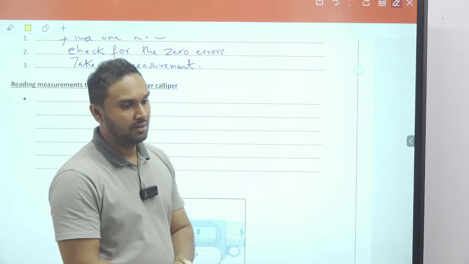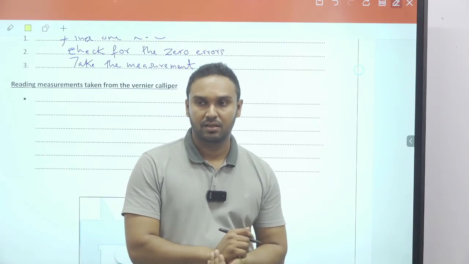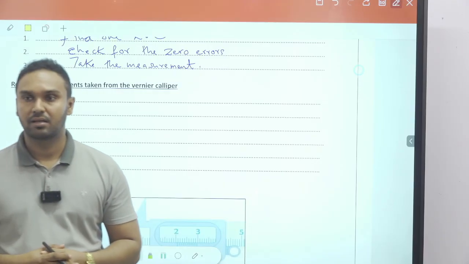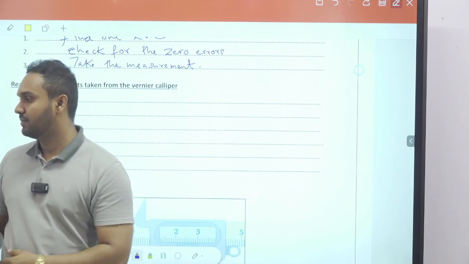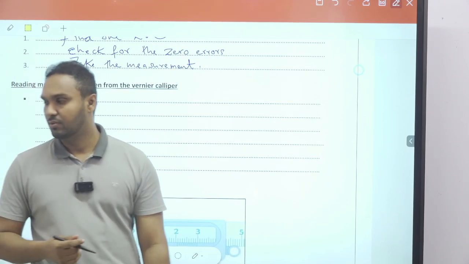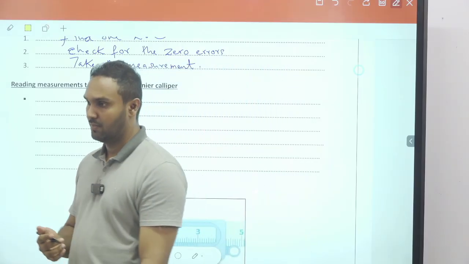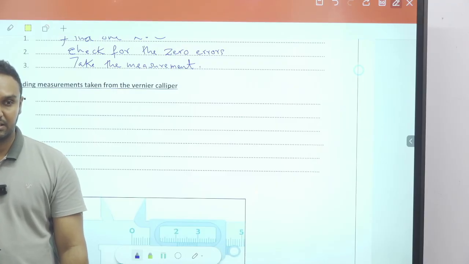Then continue writing: once the object is kept between the two jaws, take the main scale reading. Within brackets, write what the main scale reading is.